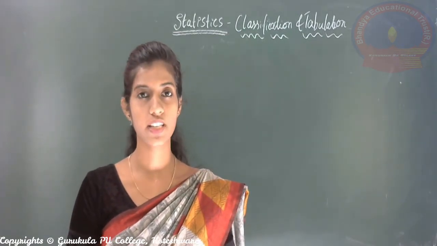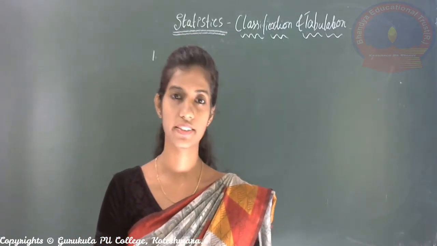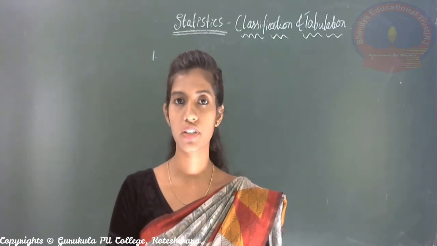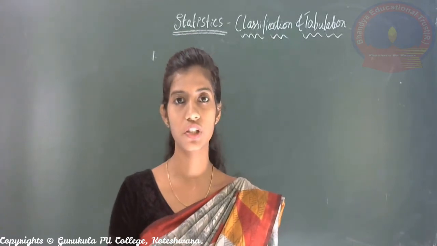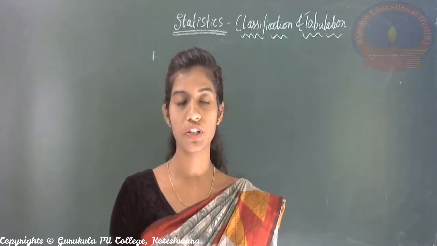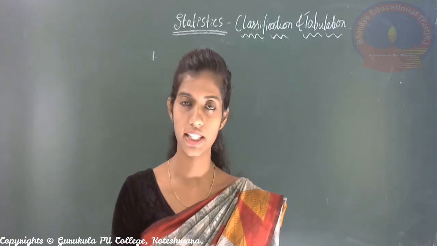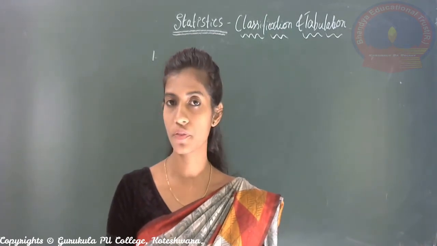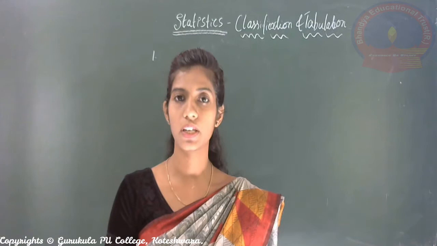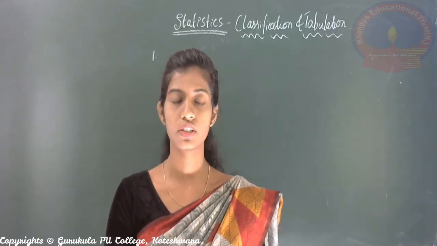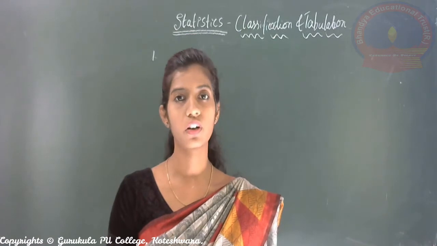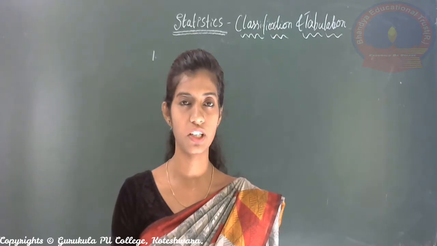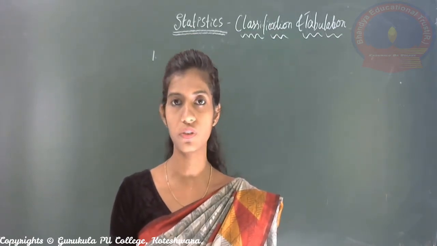I will be continuing with the same topic, classification and tabulation. Try to recall, students. In the last class, we discussed the meaning, definition and objectives of classification, as well as types of classification. Under types of classification, there are four types: chronological classification, spatial or geographical classification, qualitative classification, and quantitative classification.